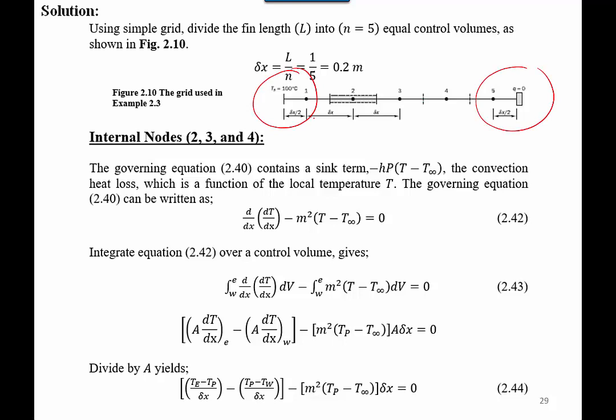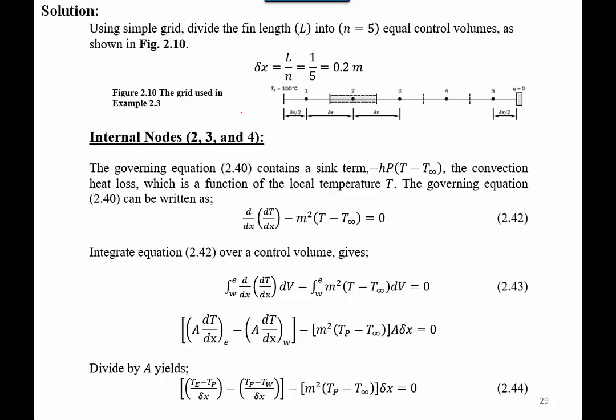We choose numbering from left to right, and if you choose the reverse direction, it will be okay for the solution.